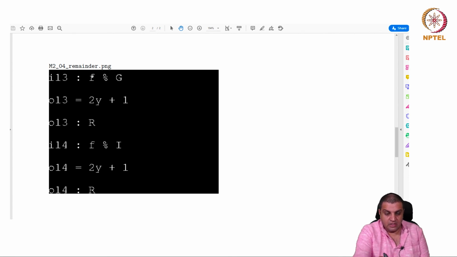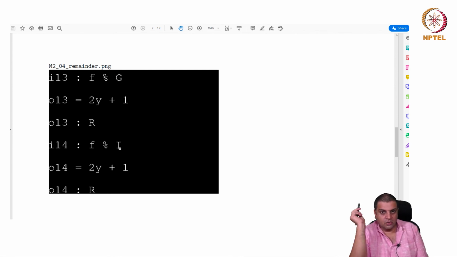We can ask f reduced modulo g, then it will say this is the remainder, or we could just give an ideal and then we'll get this remainder. Okay. And in the exercises we will try to understand these things a little bit more. So this is the end of this lecture, and in the next one we will start looking at further applications in solving polynomial equations.